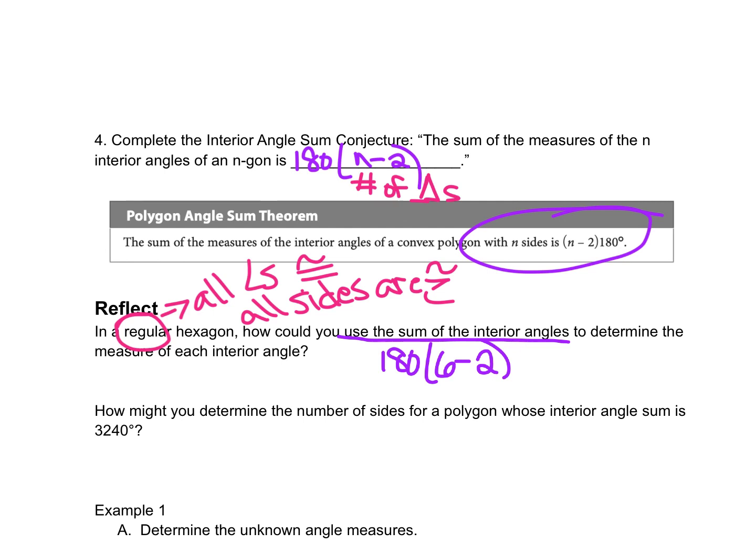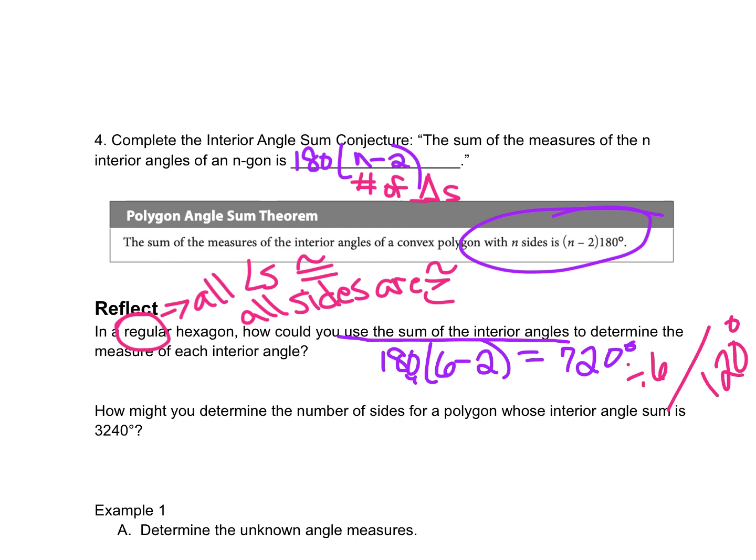And I got 720. Okay, so all the angles add up to be 720 degrees. How many angles did I say there were? That's right, 6. So if I divide that by 6, I get 120 degrees each.